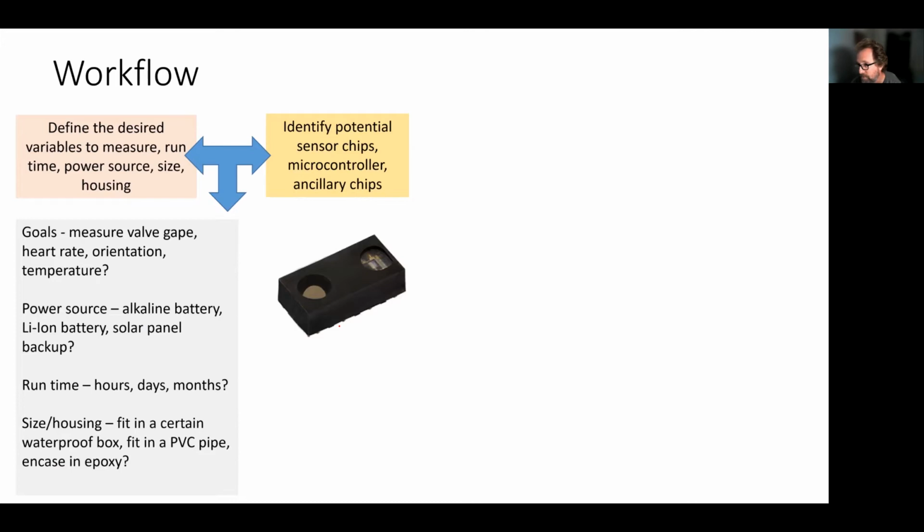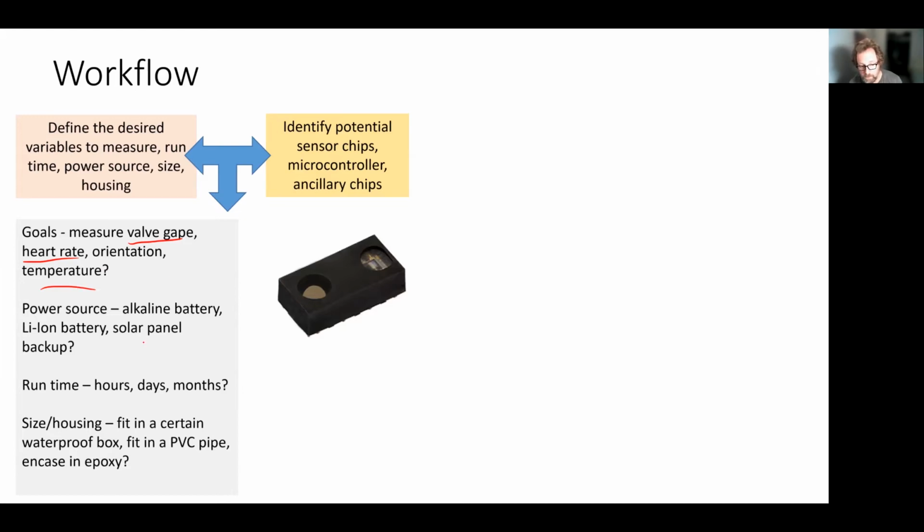What kind of power sources are we going to have available? What kind of housing to waterproof this thing might we need? And are there appropriate sensors available for us? Oftentimes the answer is yes. It's just a matter of being able to interface with those sensors. So, I might want to measure something like valve gape or heart rate or temperature, and I'll use different sensors for each of those purposes, but interface them with a microcontroller.